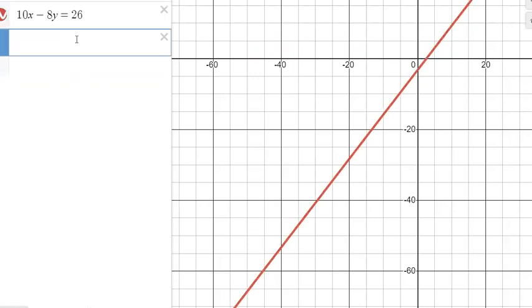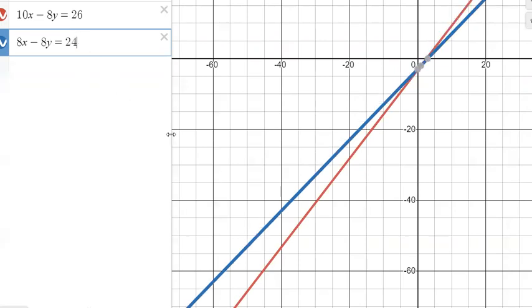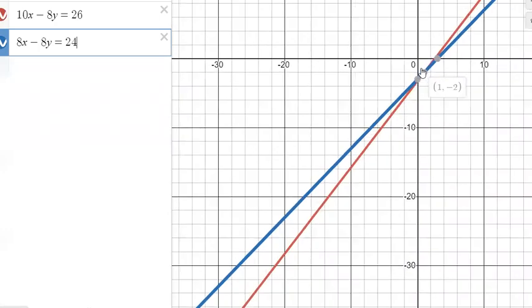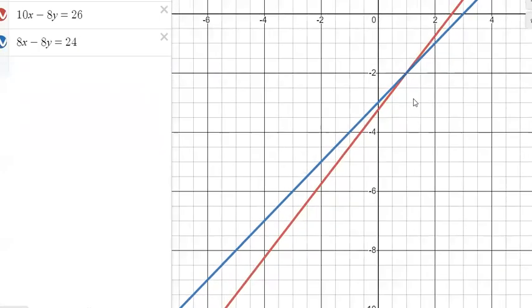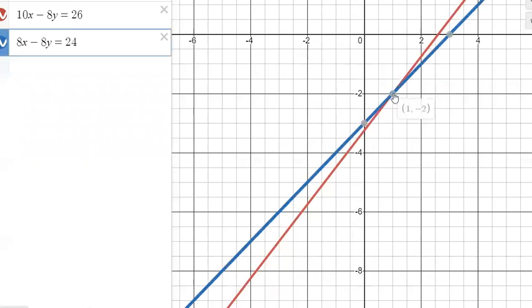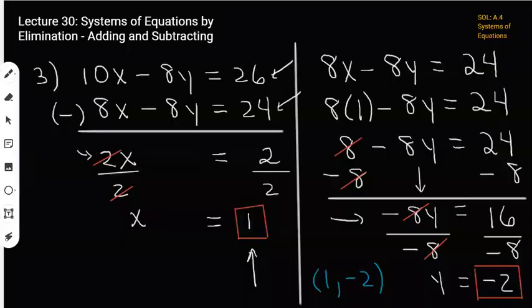My bottom equation was 8x minus 8y is equal to 24. What you'll notice is the two lines are going to cross at one point. That's going to be this point right here. 1, negative 2. And that's exactly what I got right here.